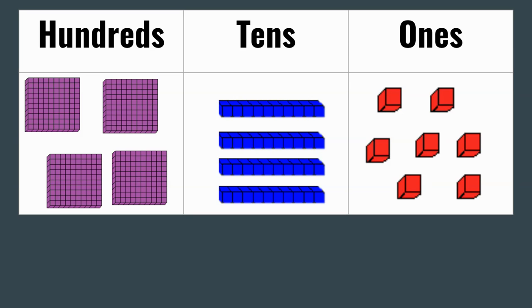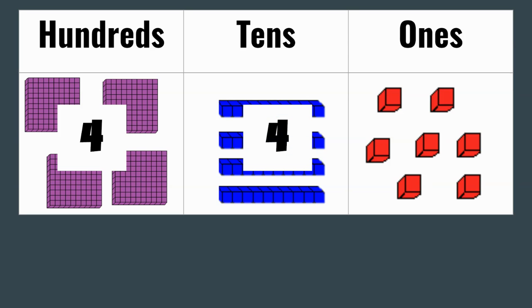For example, in hundreds, how many squares can you see in the column? Very good, there are 4. How about in the tens column? Very good, there are 4 also. How about in the ones column? Very good, there are 7 ones.